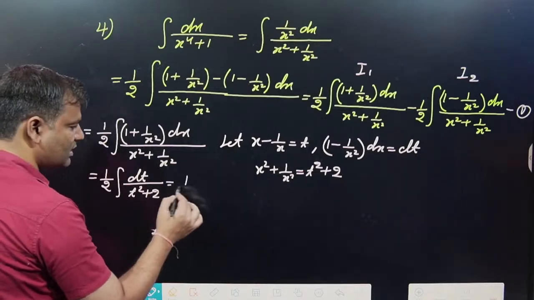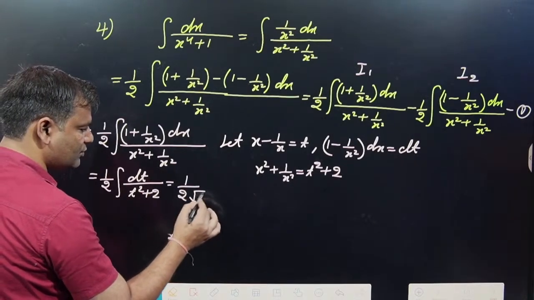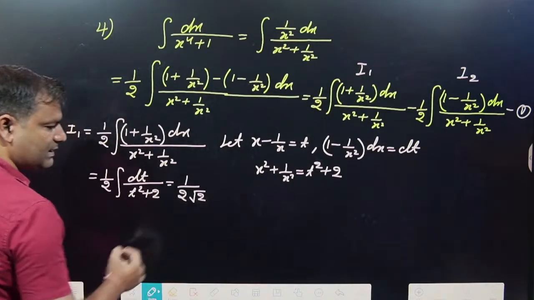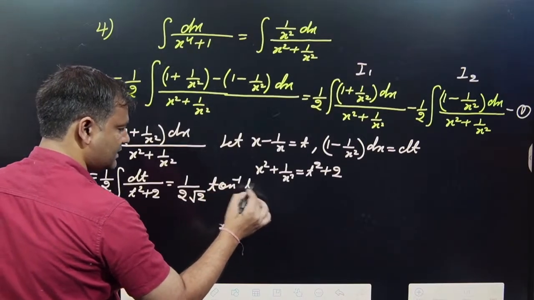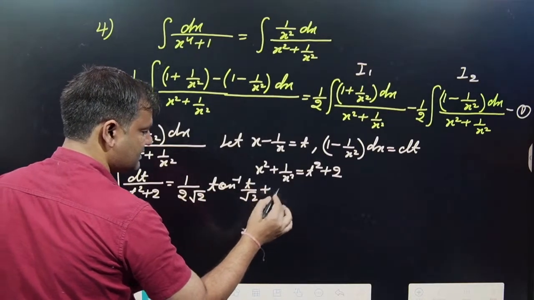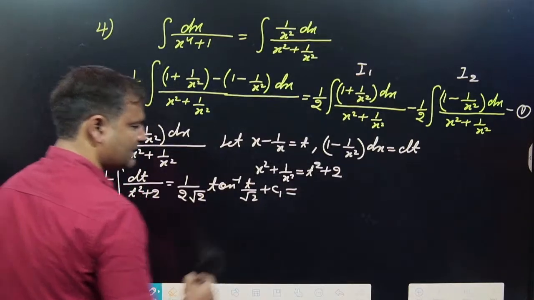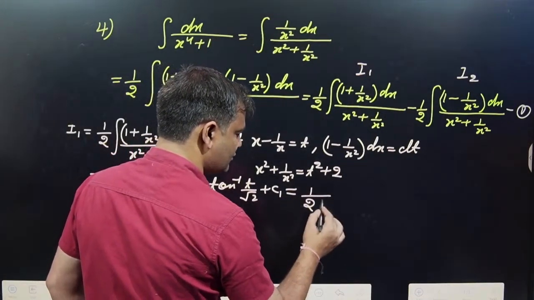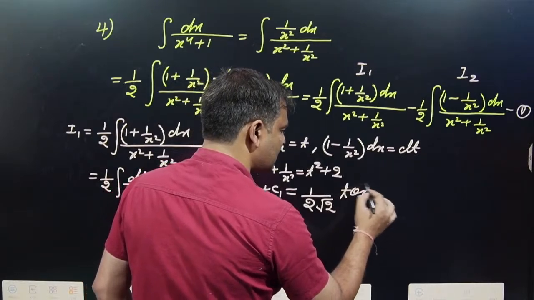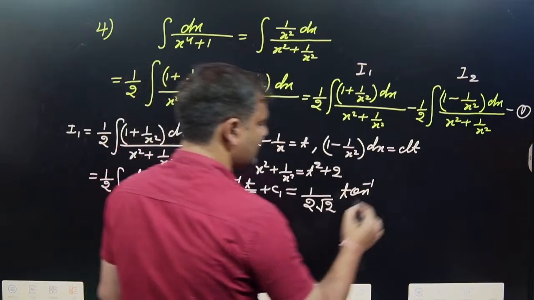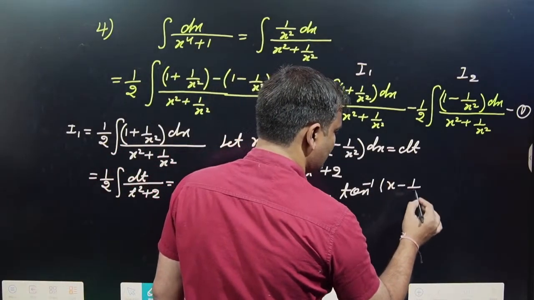So we get 1 upon 2 root 2, okay, into tan inverse t upon root 2 plus c1, or you can say 1 upon 2 root 2 into tan inverse t, basically x minus 1 upon x.